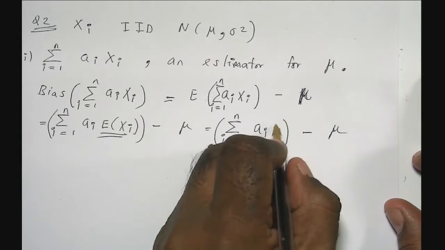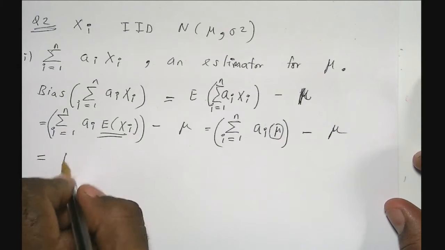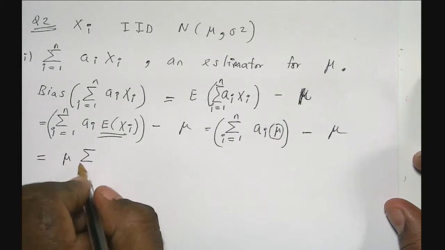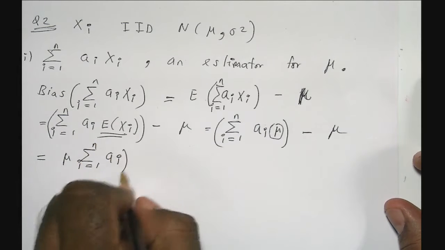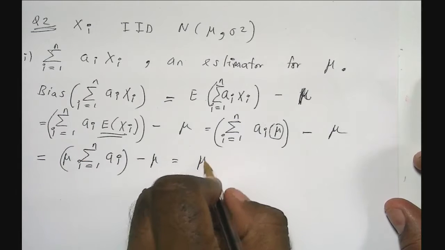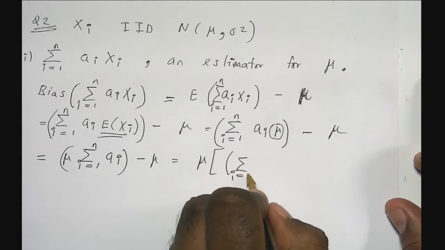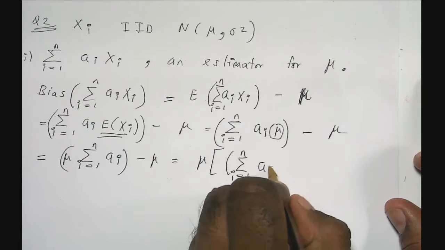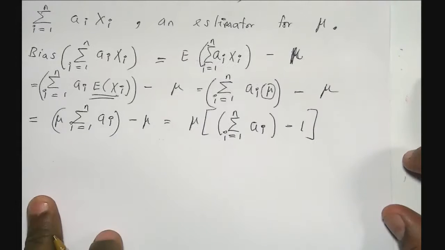Now because mu is a constant, you can pull it outside the summation sign, so it becomes mu times the sum of ai minus mu. Now if you factor out mu, then you get mu times the sum of ai minus 1, right? Are you guys with me so far?